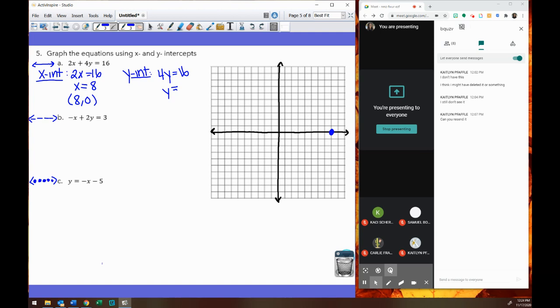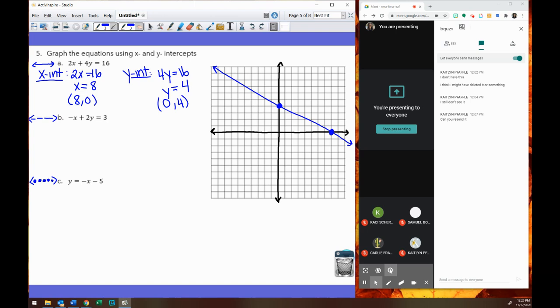Carolyn? 4. So that's your coordinate point. When x is 0, y is 4. So 0, 1, 2, 3, 4. You come through, and you connect them. It's very easy to do the math in your head.